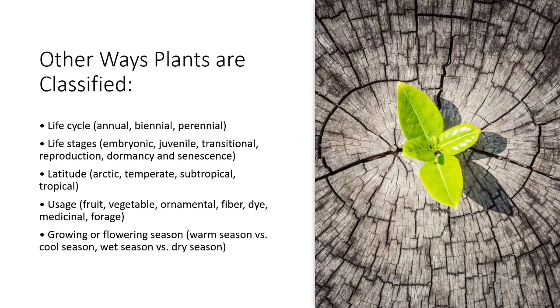For us here in North Alabama, we would classify ourselves in a temperate climate, in hardiness zone 7A, 7B. That has recently changed, so I would encourage you to go to the USDA website and check out your hardiness zone because it might have changed.